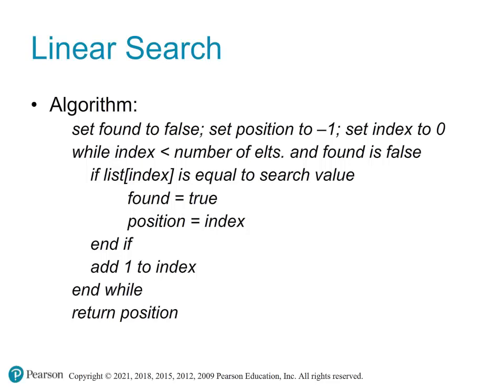The loop continues until either found becomes true or the index reaches the end of the list. Finally, the position variable is returned, which will be -1 if the item was not found. So this algorithm gives you not just a yes or no answer, but also the position where the search value is located if it is present in the list.